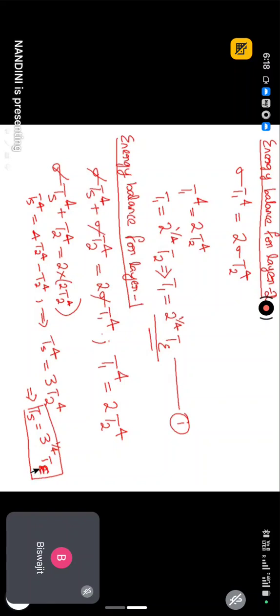So this is the equation when we have two perfectly absorbing atmospheric layers. The relation between Ts and the emission temperature when we have two perfectly absorbing atmospheric layers is Ts is equal to 3 raised to 1 by 4 into T epsilon.